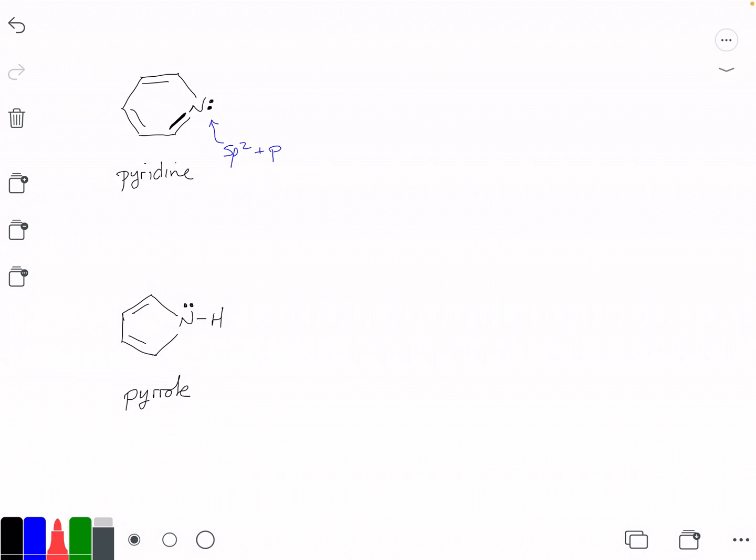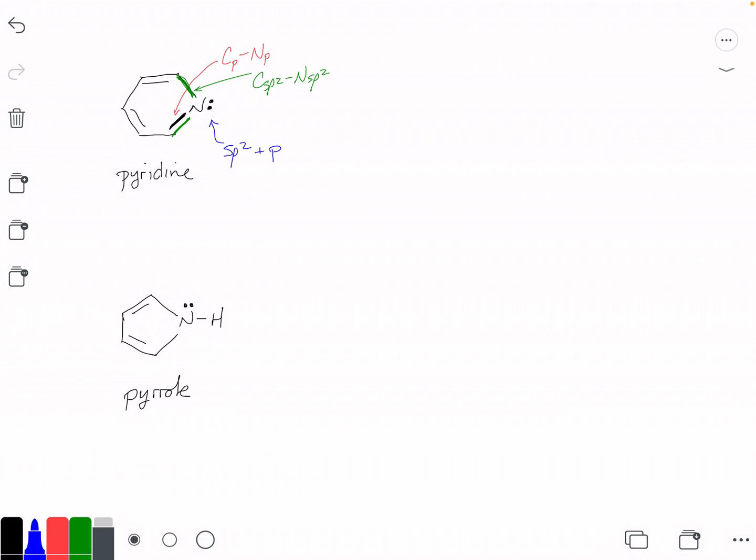Well, that means that the other bonds here and here are the result of carbon's sp2 hybrid orbital overlapping with the nitrogen sp2 hybrid orbital, both of those green ones.